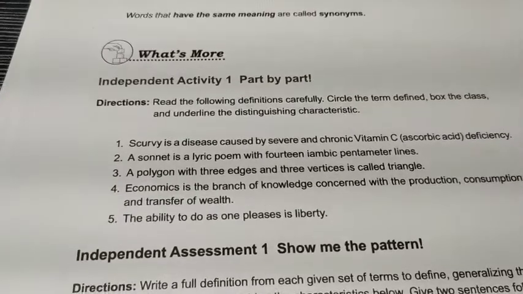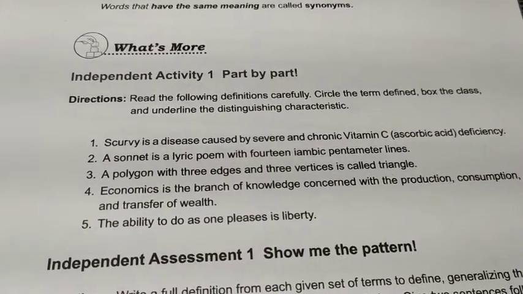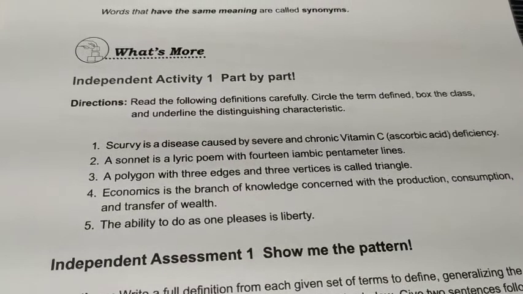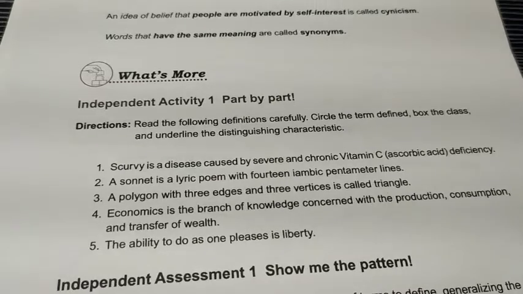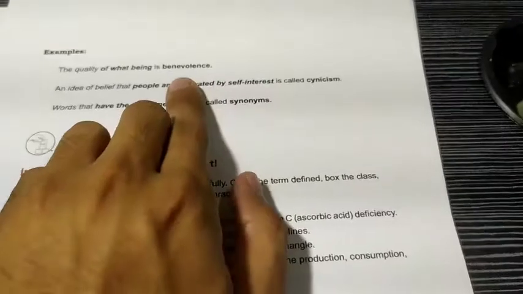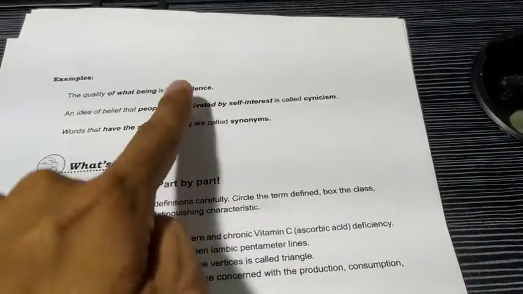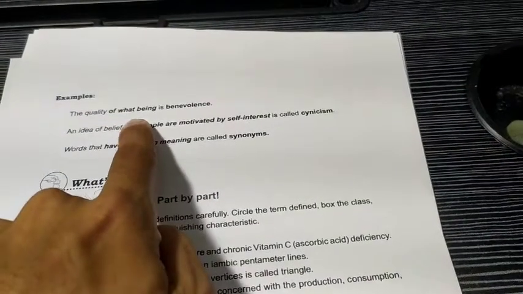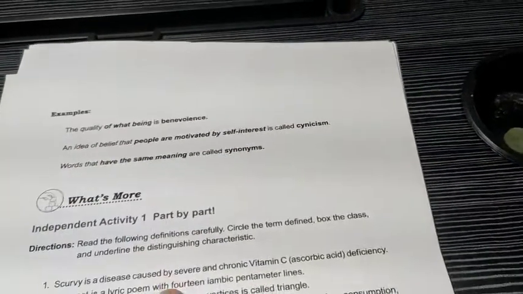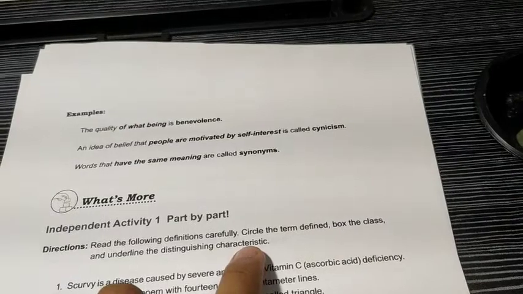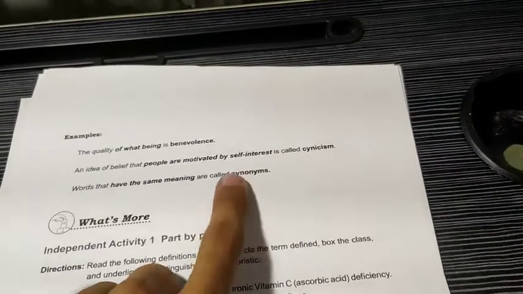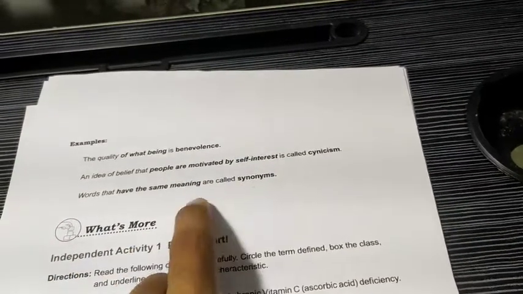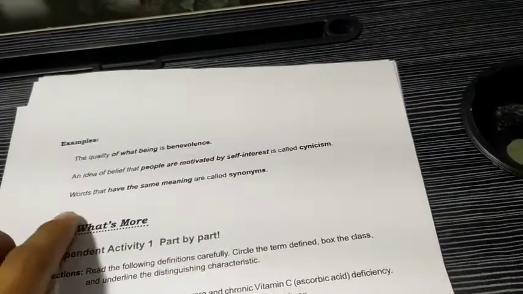And what's more, read the following definitions carefully, circle the term defined, box the class, and underline the distinguishing characteristic. Again, circle the term. For example, you will circle benevolence, then box the class, the quality of being. Then underline the distinguishing characteristic. Circle synonyms, then box the class, words.